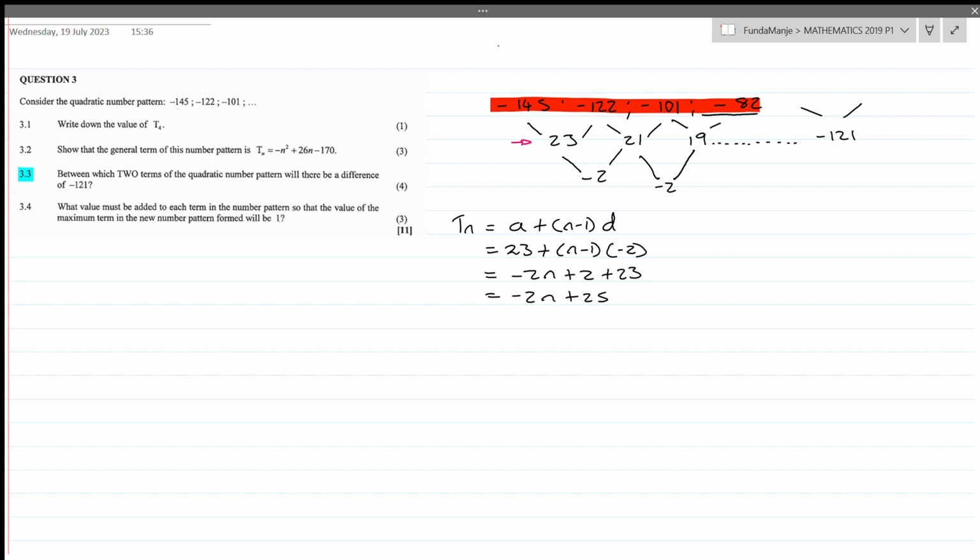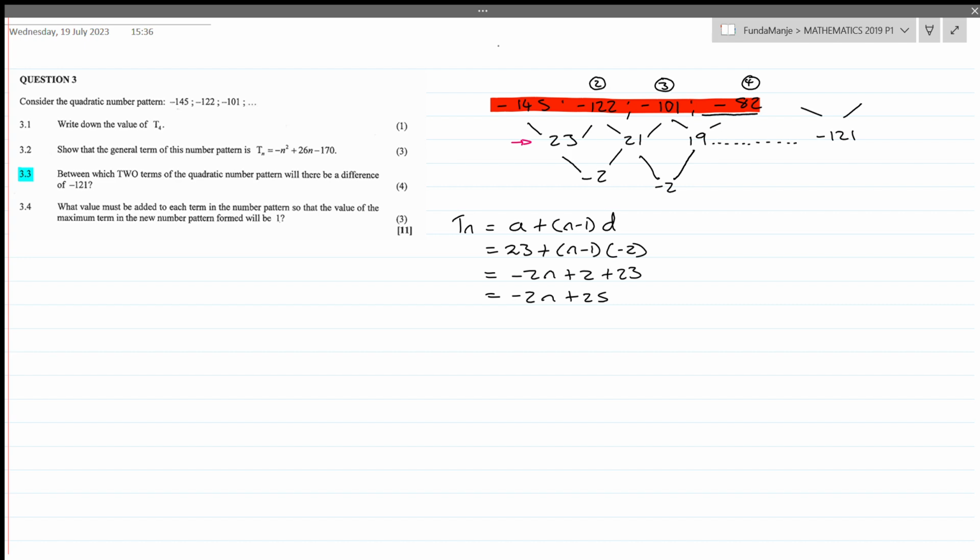And we notice a trend. If we look at 19, the third term in this pattern, we find that it is between term number 3 and term number 4 of the original pattern. 1, 2, 3, 4. If we look at term number 2 for the first difference, we notice the same trend. It's between term number 2 and term number 3.